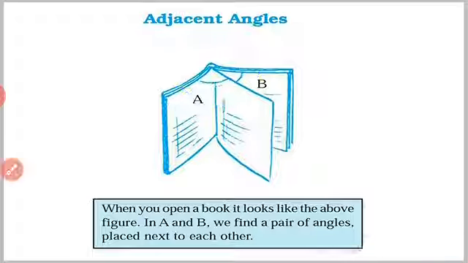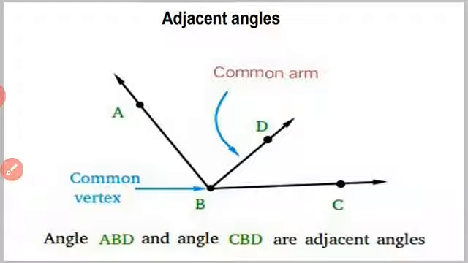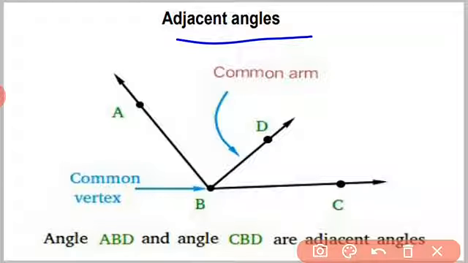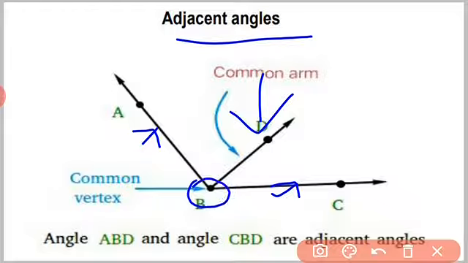So let's learn this in depth. Adjacent angles are those angles which have one common arm, two non-common arms and a common vertex.